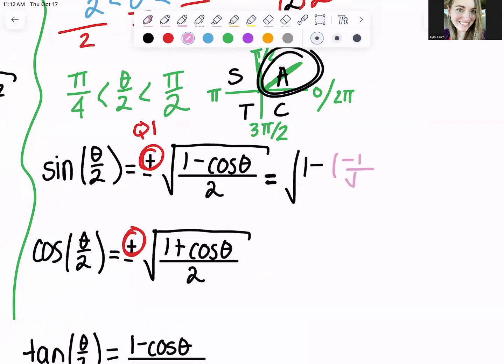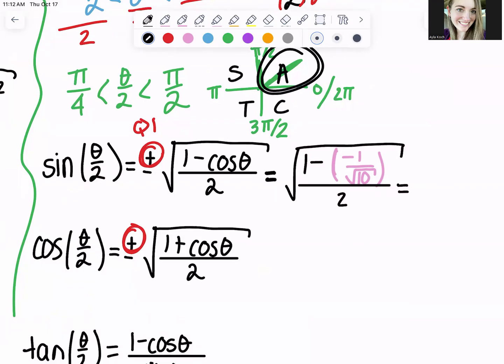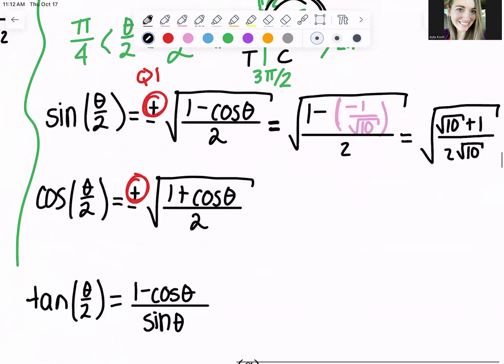Negative 1 over square root 10, all divided by 2. Which will simplify to, let's see, square root 10 plus 1 all over 2 square root 10. Let's circle that in blue.